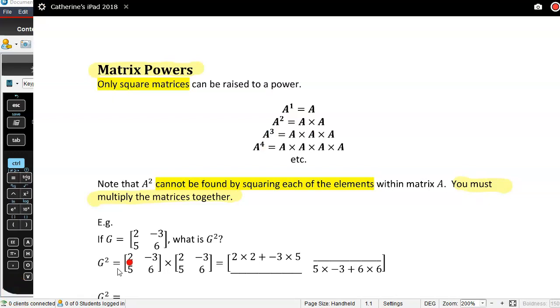I've got 2 times 2 plus negative 3 times 5.